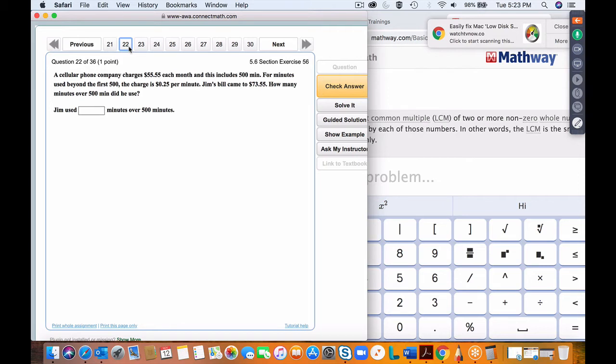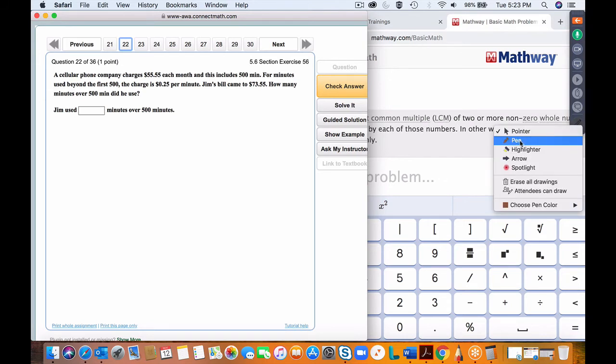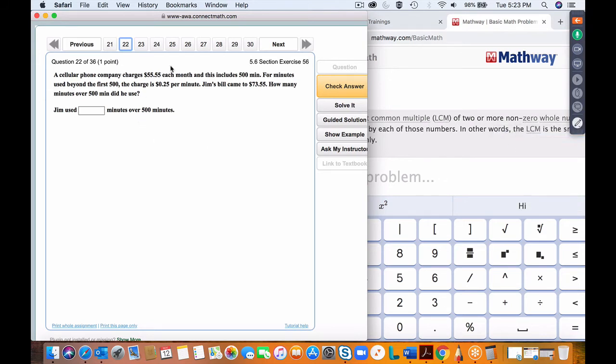Well, subtract the numbers. What we need to do here, let me just point out what we need to do. Subtract the two given numbers and divide it by this number.